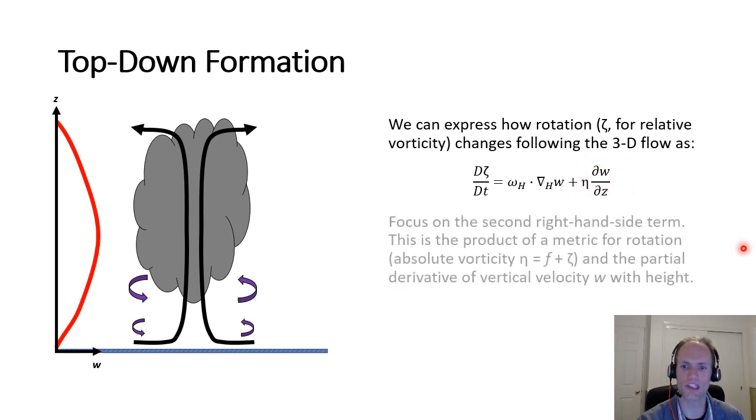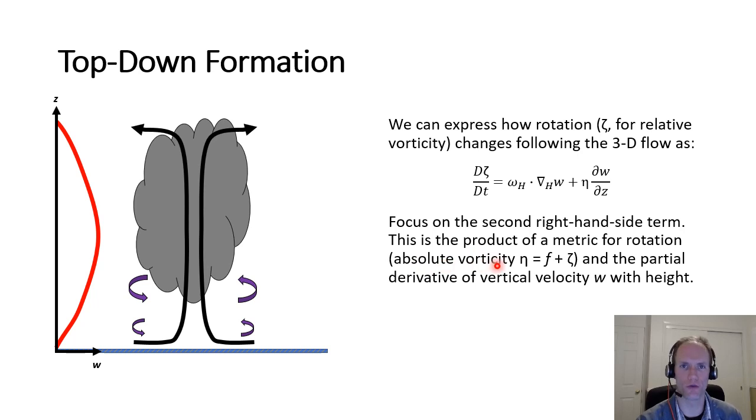This eta that we see here is our absolute vorticity. It's a combination of this relative vorticity, which is that rotation in the xy plane, plus the Coriolis parameter, which is a measure of rotation associated with the Earth's rotation. So you can think of it as a total horizontal vorticity or horizontal rotation, so to speak. We have the product of that with the vertical change of the vertical velocity here, which we can diagnose from the chart that we see here.